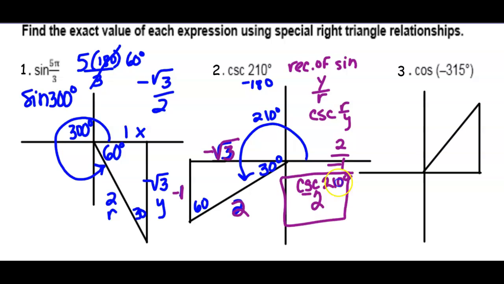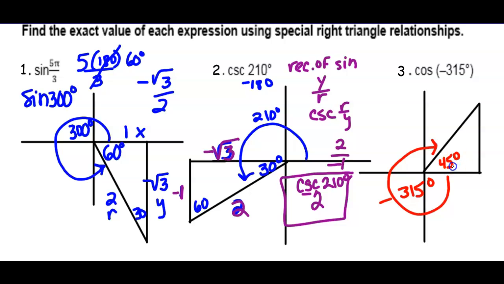All right, no unit circle. I did that from my memory of the 30, 60, 90, 45, 45, 90. One more. Cosine of negative 315, if you went around this direction, 315 degrees, which would make it negative, the remaining to 360 here would be a 45-degree angle.